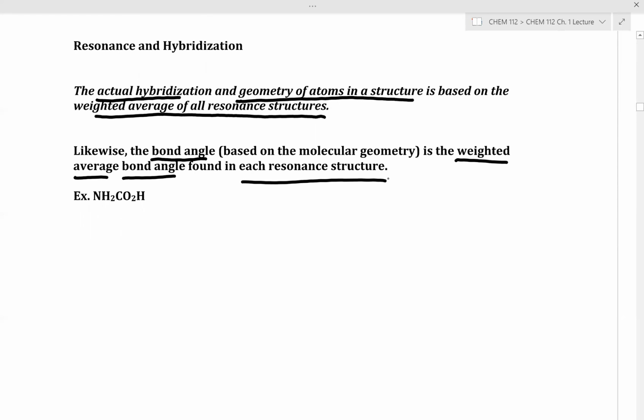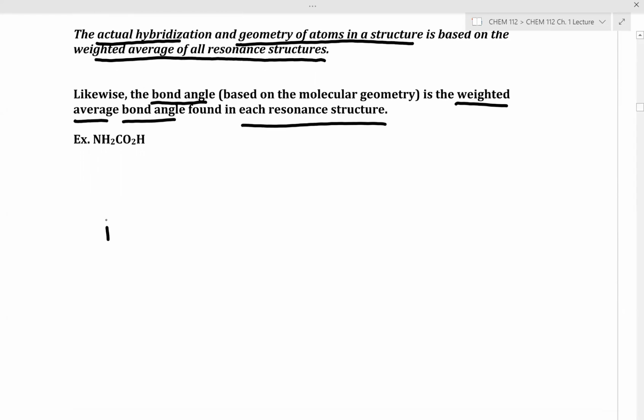So we discussed amides at length. I'm going to draw us our stereotypical amide. So we have an NH2 and a carboxylic acid. That looks a little bit like this.